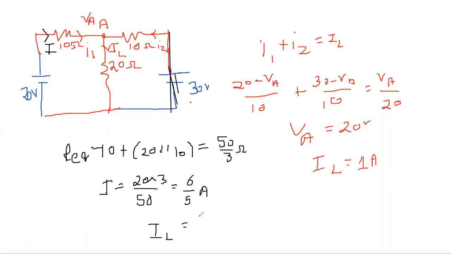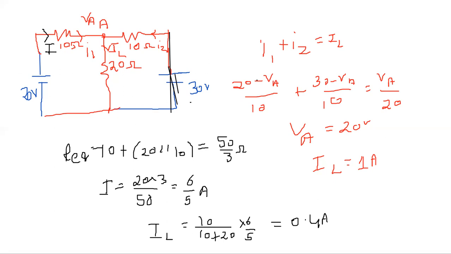IL is 10 by (10 plus 20) into 6 by 5, so that comes to 0.4 ampere.